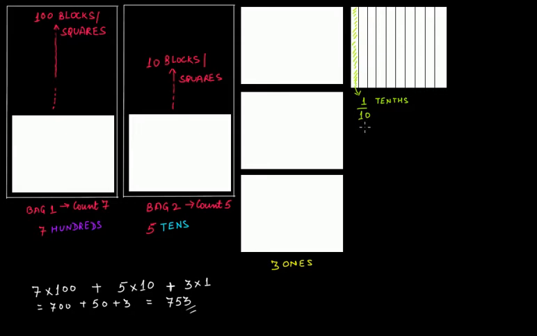Okay. So what number do you have now? You have actually 753 and 1/10. Why 1/10? Because only this portion, and each portion is a tenth, meaning the total unit has been divided into 10 equal parts.